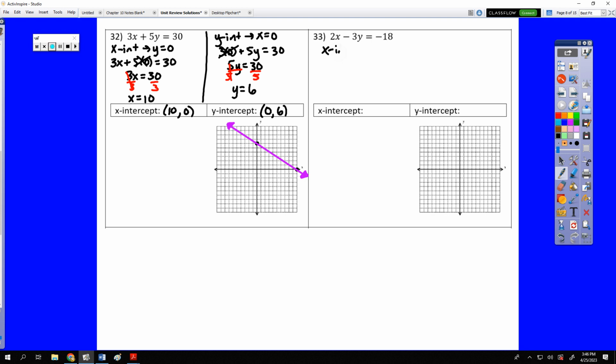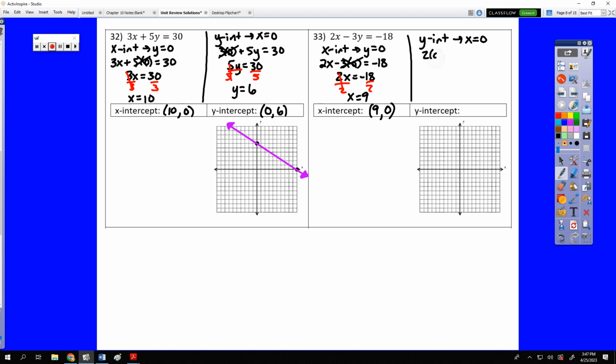Again, for the x-intercept, we let y equal 0, which means we're doing 2x minus 3 times 0 equals negative 18, or 2x equals negative 18. We would then divide each side by 2, which gives us that x is negative 9. X is negative 9, y is 0, is the point (negative 9, 0). Repeat those steps for the y-intercept, except let x equal 0.